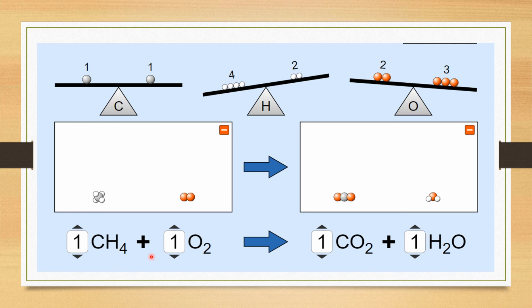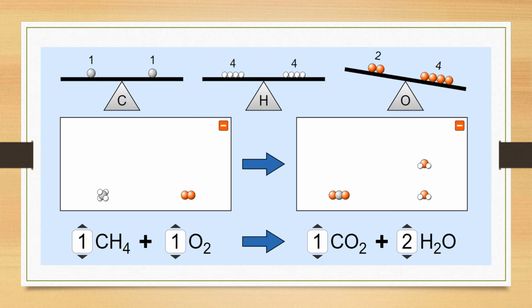CH4 plus O2 gives CO2 plus H2O. If you count the number of atoms, you will see that the number of carbon atoms is balanced, while those of hydrogen and oxygen are not. Thus, the equation is unbalanced. We will first balance the number of hydrogen atoms.